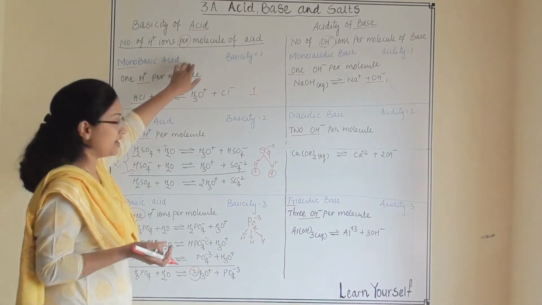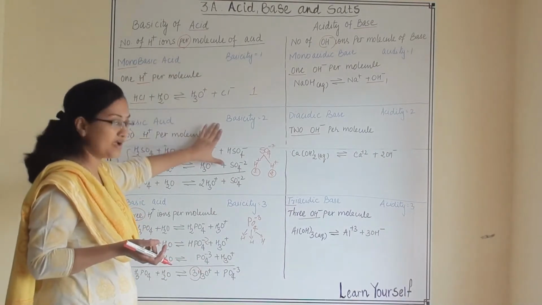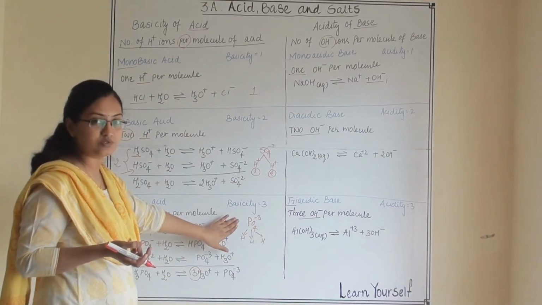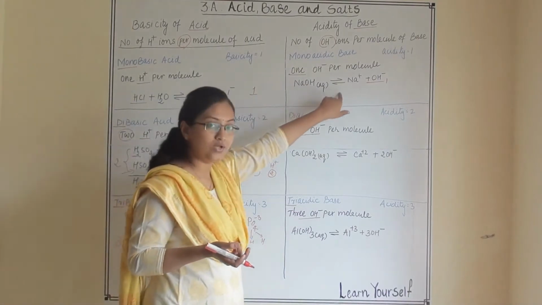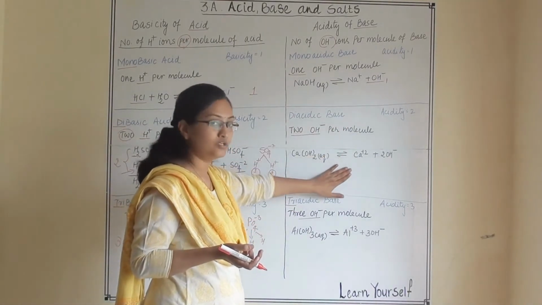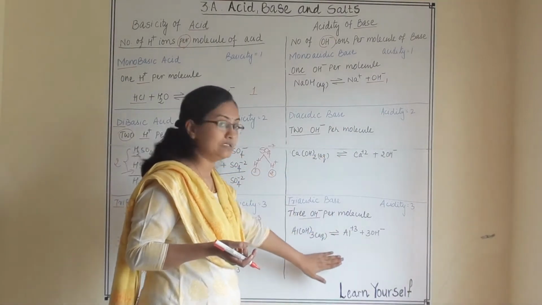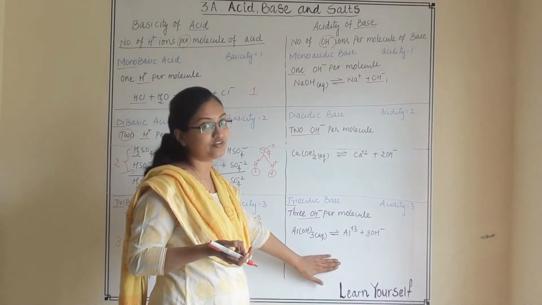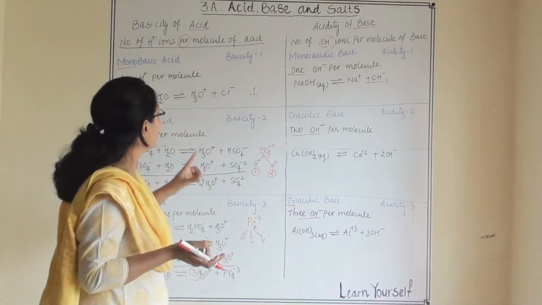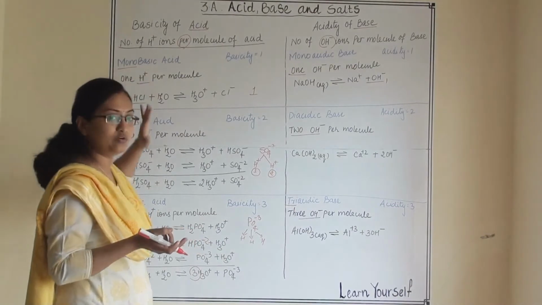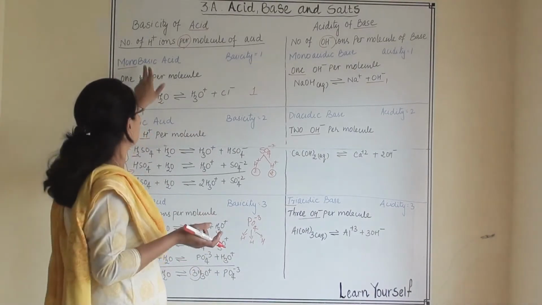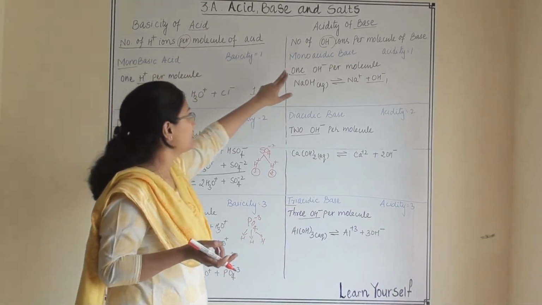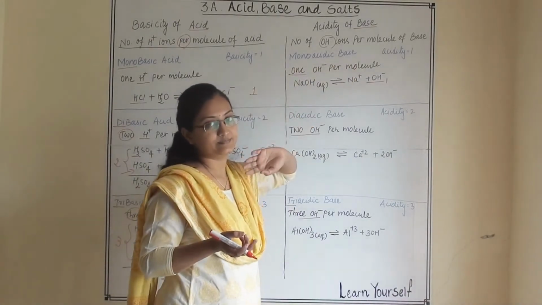Here 1 H plus will be generated, 2 H plus, 3 H plus. Here 1 OH minus will be generated, 2 OH minus, 3 OH minus. And accordingly they are called mono, di and tri basic acids or acidic bases.